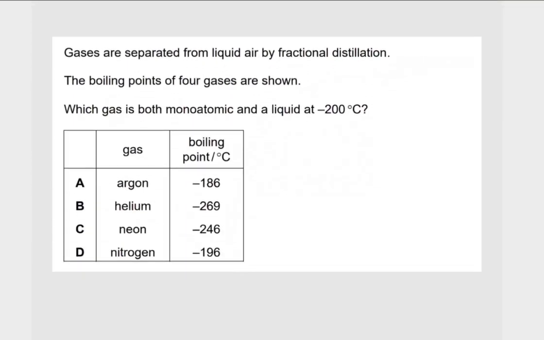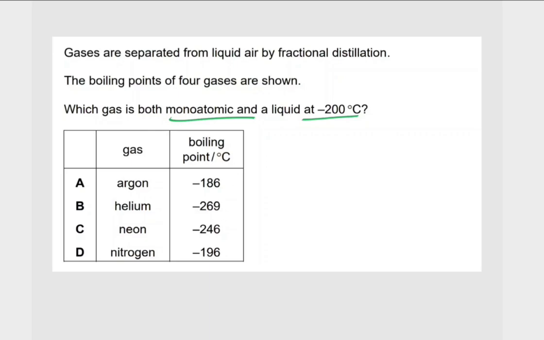Gases are separated from liquid air by fractional distillation. The boiling points of 4 gases are shown. Which gas is both monoatomic and a liquid at minus 200 degrees Celsius? So something that is a liquid at minus 200 degrees Celsius should have its boiling point above minus 200 degrees Celsius, right?